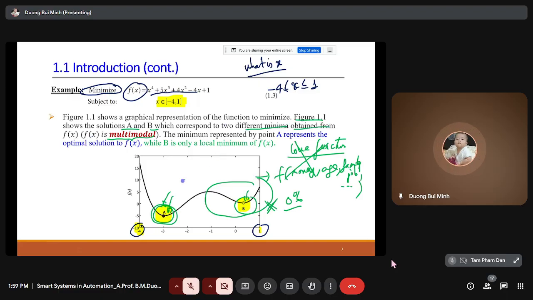Because we have two possible solutions, we say multi-modal, and the minimum represented by point A is the optimal solution. The optimal solution is x equal to -3. If x is -3, you get the minimum f(x). If x is 0.4, this is a minimum but not the lowest point.